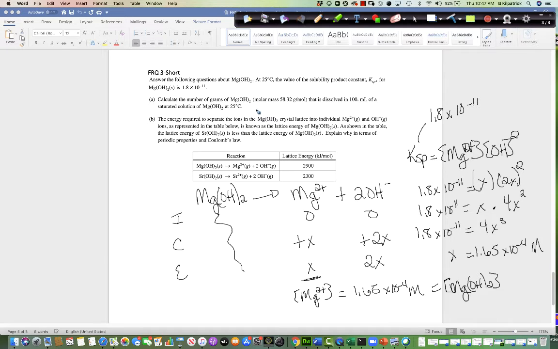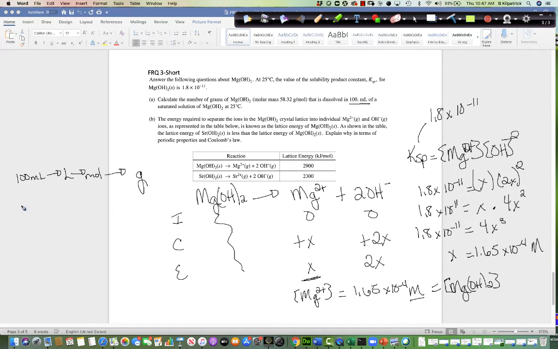I want to know how many grams that is in 100 milliliters. Remember, molarity is a conversion factor between moles and liters of solution. I want to know how many grams there are. I have a molarity, which is a conversion factor, and I also know that I'm starting with 100 milliliters. That's going to be my starting point. Once I figure out how many liters that is, I can figure out the number of moles, because I have molarity now, and then I can figure out the grams.